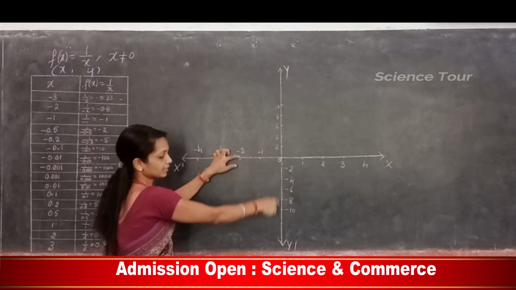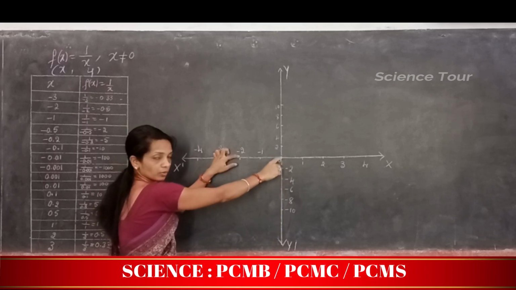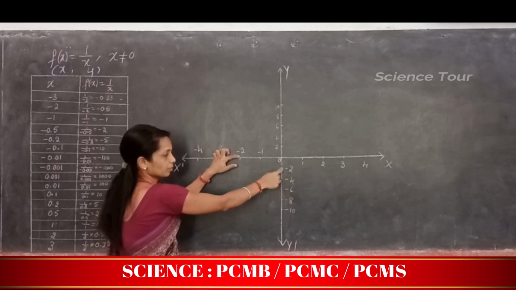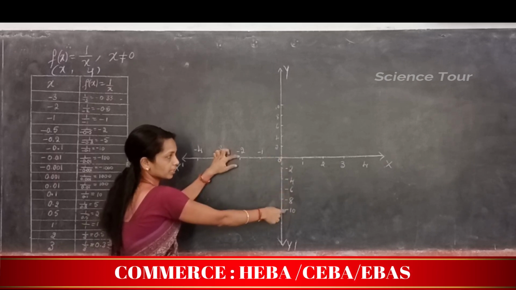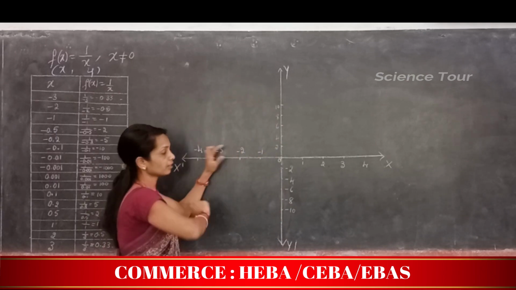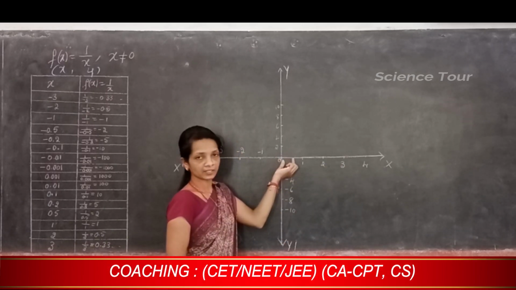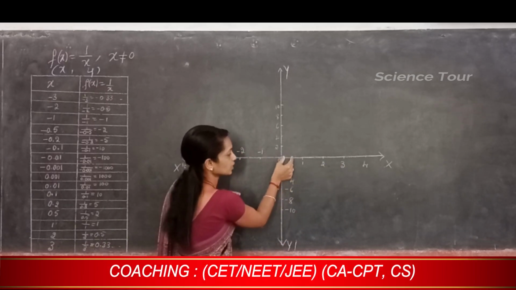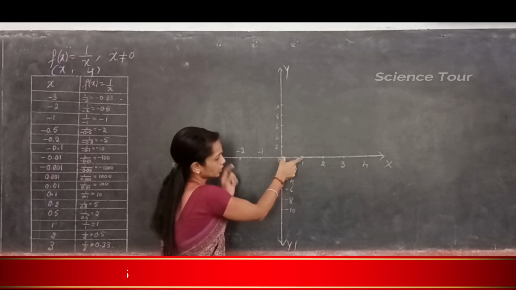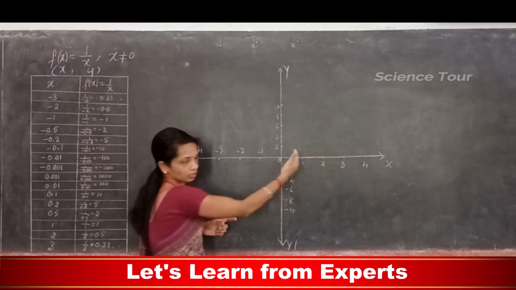Here you can see that on y axis I have taken 1 centimeter as 2 units: minus 2, minus 4, minus 6, minus 8, minus 10 on the negative side, and positive side 2, 4, 6, 8, 10. On x axis I have taken 1 centimeter as 0.5 units, but I have not marked 1 centimeter. So 2 centimeters I have taken as 1, 4 centimeters as the next one.